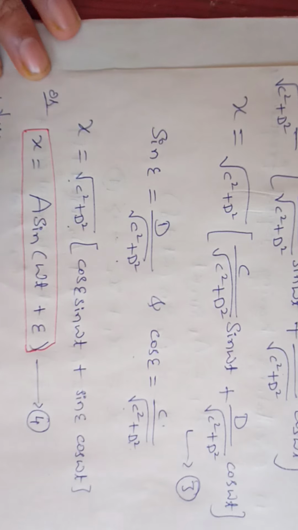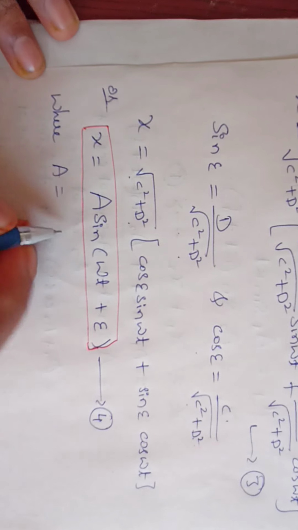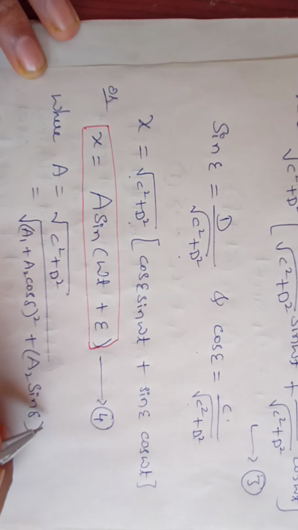Now we know that A is the amplitude, where A is equal to under root C square plus D square. So we know C and we know D: C squared is a1 plus a2 cos delta whole square, plus D squared, where D is a2 sin delta whole square.